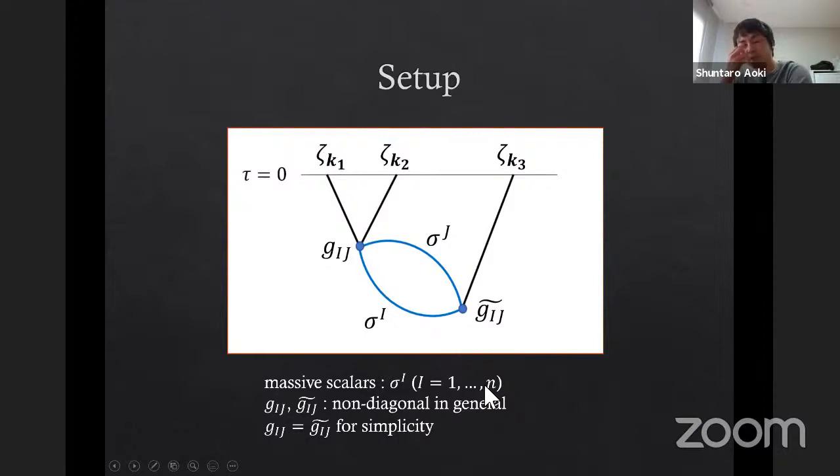The interaction strengths are characterized by the coupling constants g and g tilde. The important point here is that they are non-diagonal in general, because we are working in the mass-diagonalized basis of sigma. In that basis, the interaction in general has off-diagonal elements. In the later discussion, I choose g equal to g tilde just for simplicity.